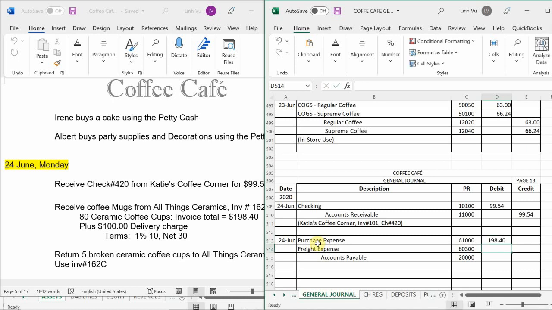How much is the freight? 100. So therefore, in grand total, how much do we owe? 298.40. Okay, we have all the information that we need for this transaction.